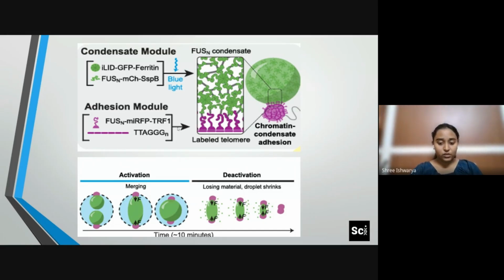Because this is a synthetic molecule, it gets dissolved after some time. So this synthetic condensate dissolves and shrinks. Therefore, the two chromatin loci, the purple color, come together. So we say that the chromatin is relocated using VECTOR.